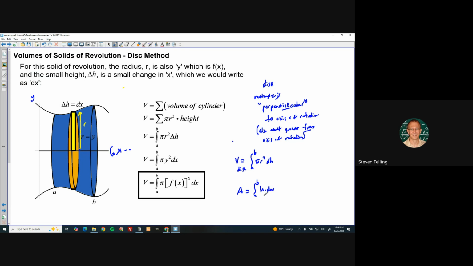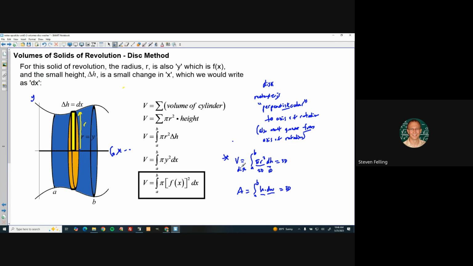So that was one dimension times one dimension to give me a two-dimensional area. This is a two-dimensional area times a one-dimensional distance to give me a three-dimensional volume. So this is the formula we're going to work with here.